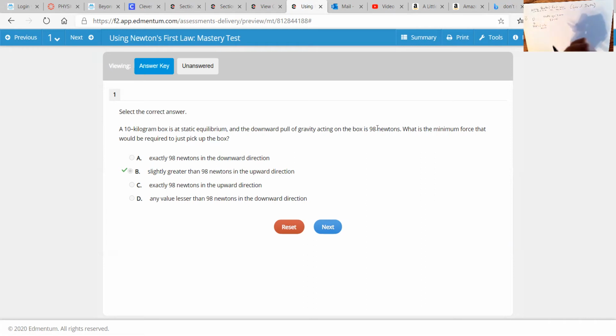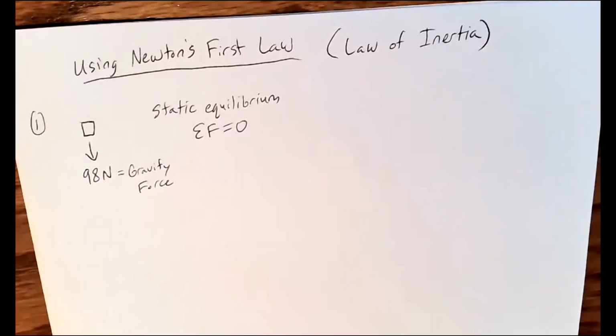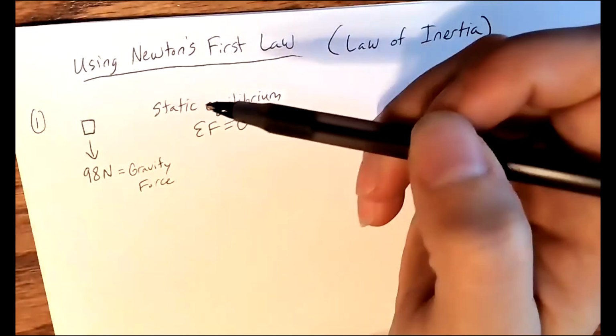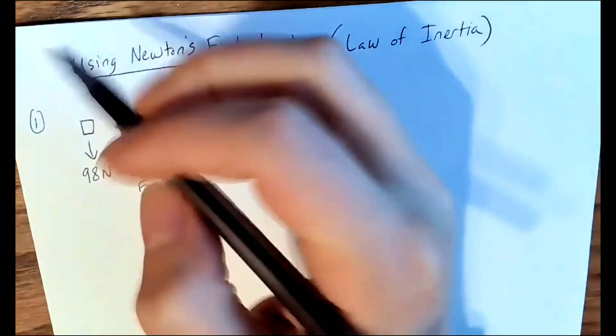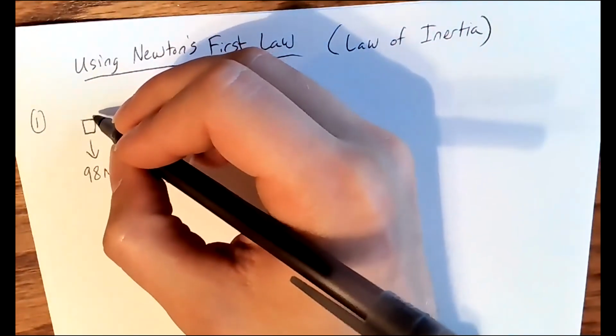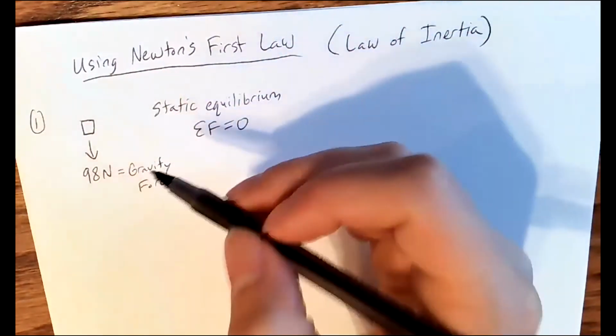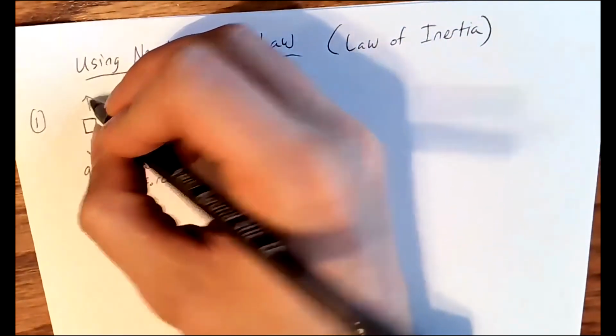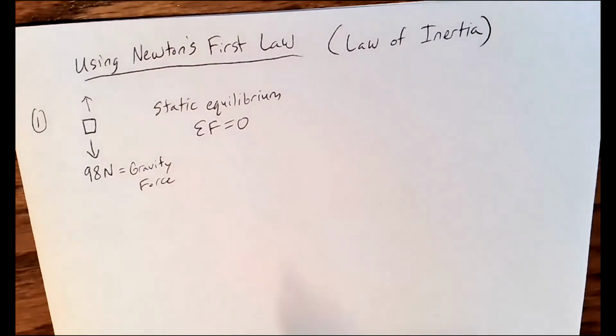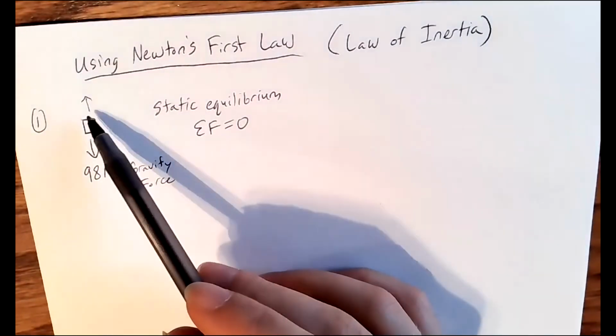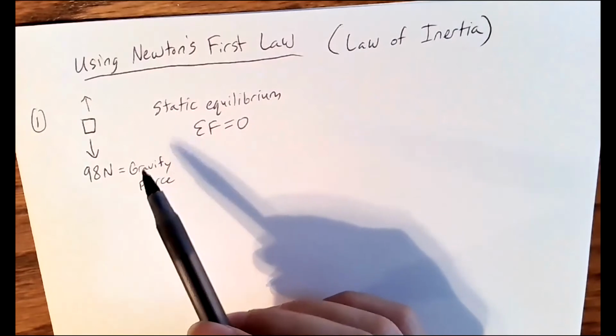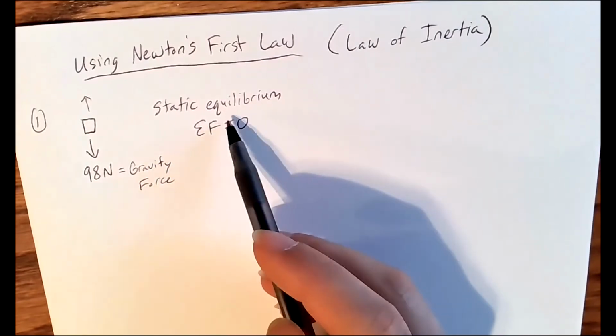What is the minimum force that would be required to just pick up the box? Well, since 98 newtons is pulling it downward, you would need more than 98 newtons to move it. Because if it's just 98 newtons, then that would still be equilibrium.